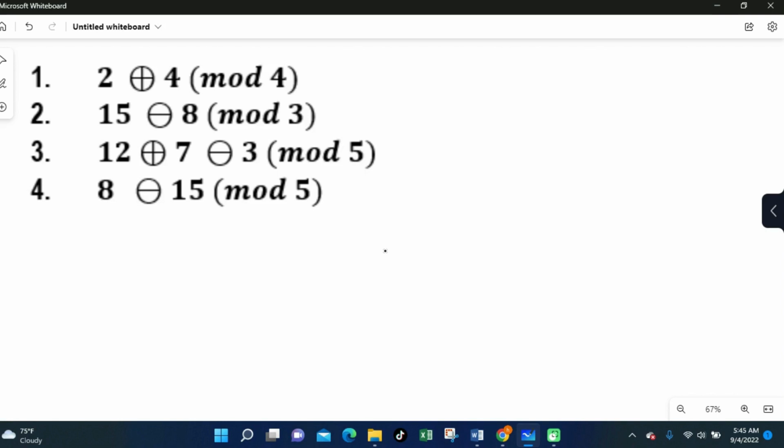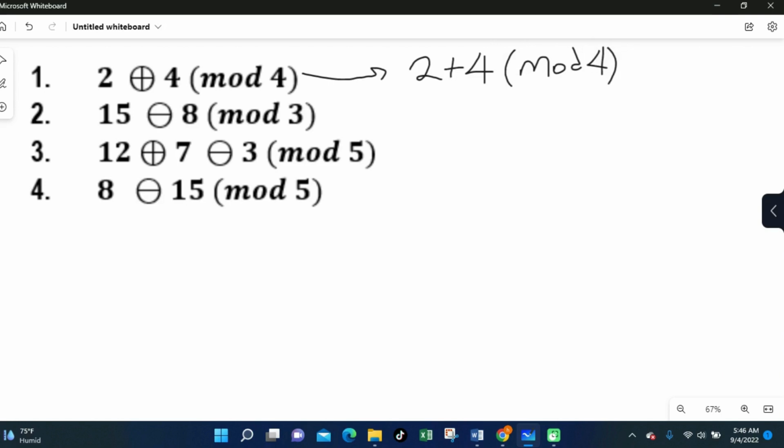Now, the first question, we are asked to find 2 addition 4 in mod 4. Now, how do we go about this question? Normally, we will look at it the way we do our normal addition. In our normal addition, we will be requested to add 2 plus 4, and 2 plus 4 will be in mod 4.